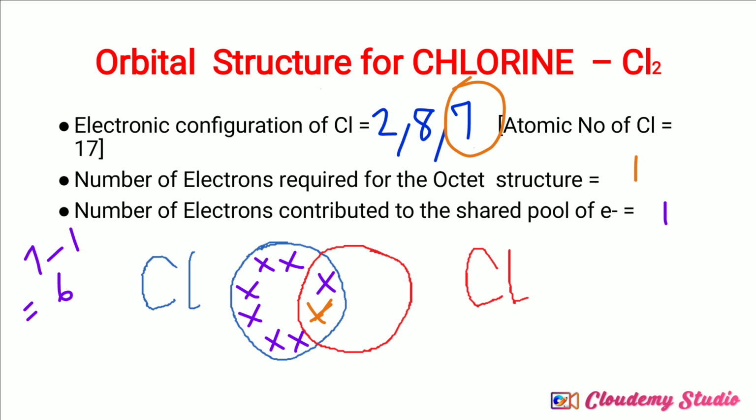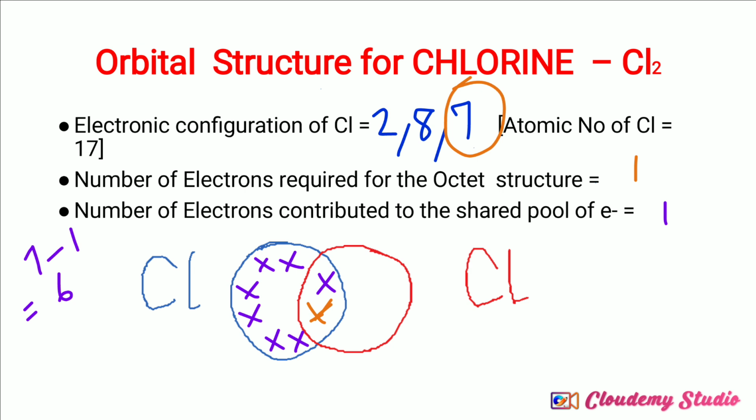Similarly, for the right hand side chlorine atom also we need to represent the remaining electrons at the outermost shell. Here also the outermost shell has 7 electrons. Out of the 7 electrons, 1 electron was already filled at the shared pool, the maroon color cross we have mentioned already. So 7 minus 1, remaining 6 electrons.